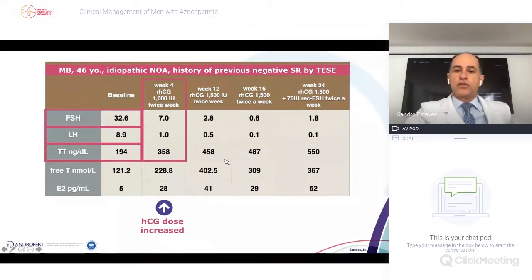So here you see that after increasing the HCG dosage, we have got higher testosterone levels, which is very good. And the ratio here between testosterone and estradiol levels is higher than 10. So I don't need to add an aromatase inhibitor.